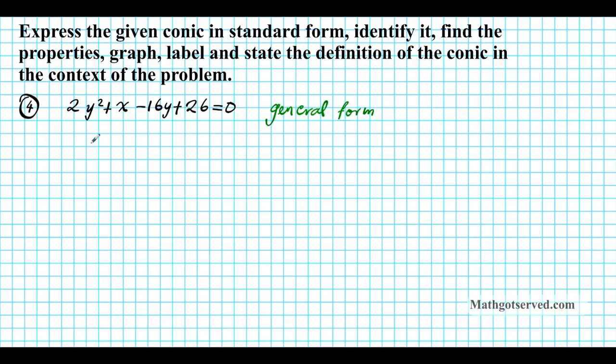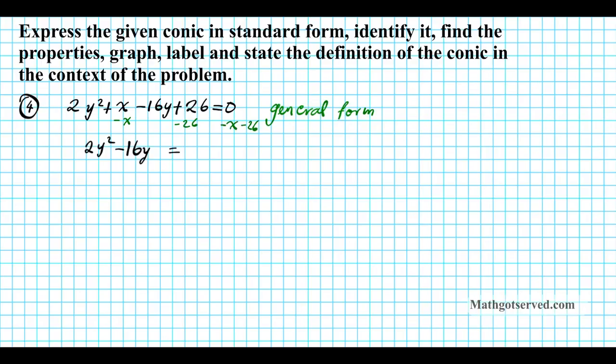So I'm going to be collecting 2y squared minus 16y on one side, and everything else goes on the other side, okay? So we're going to subtract x and subtract 26 from both sides. So let's indicate what we're going to do. We're going to subtract x and subtract 26 to both sides of the equation.